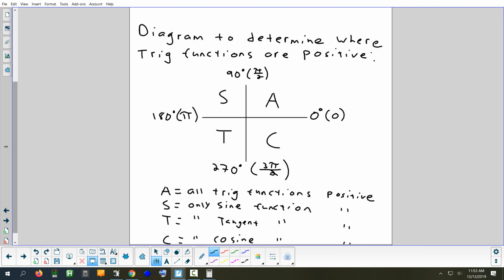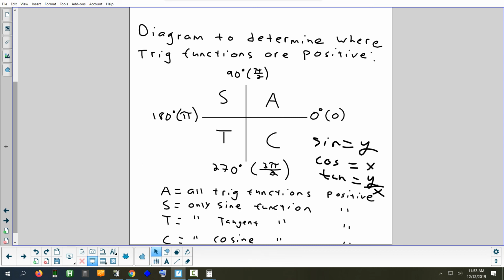And I've never written it like that and showed you, but you kind of could figure that out if you know this. Sine is y, cosine is x, tangent is y over x. Think about y for a second.